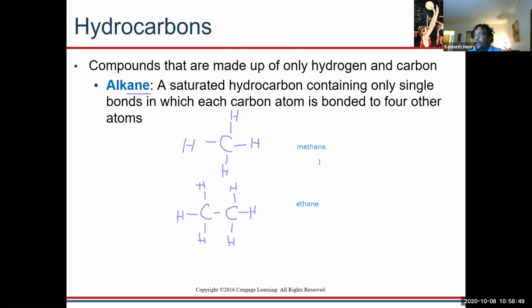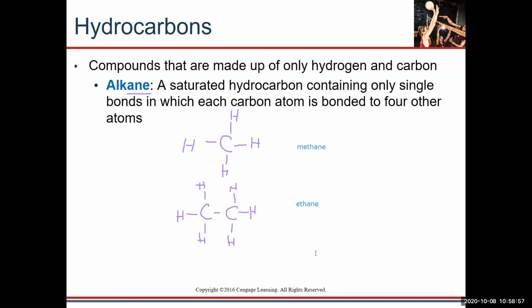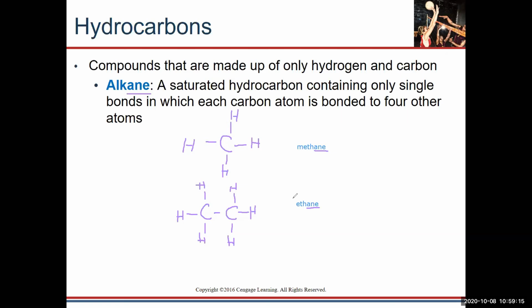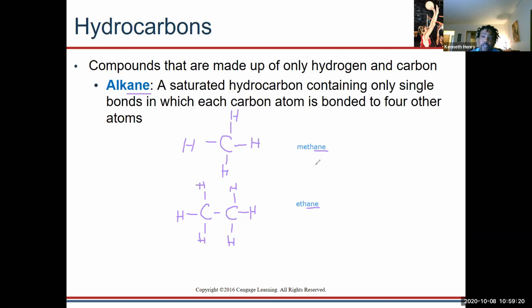Do you see anything that's similar between the names alkane, methane and ethane? The last part, the ane. The last part tells me it only has single bonds, because that's what alkane is: a hydrocarbon that only has single bonds.